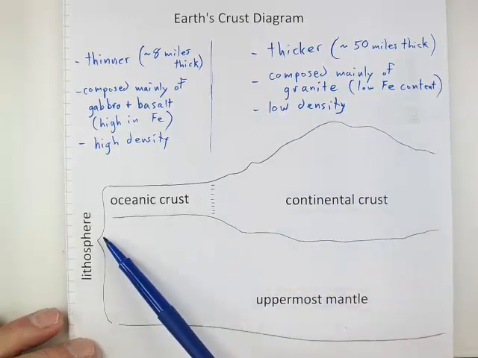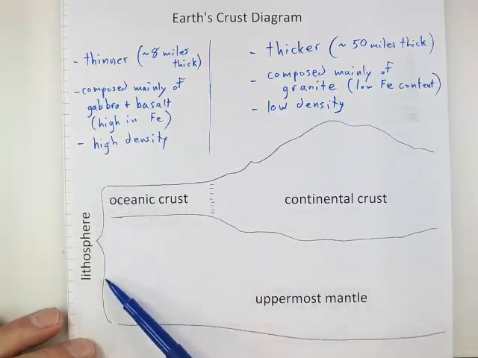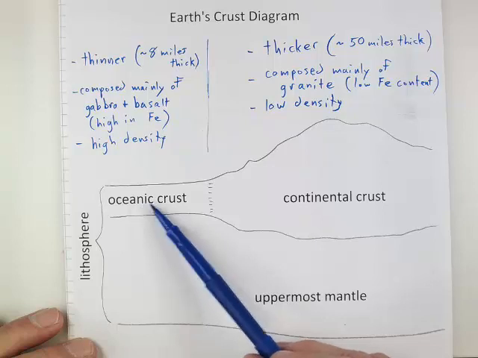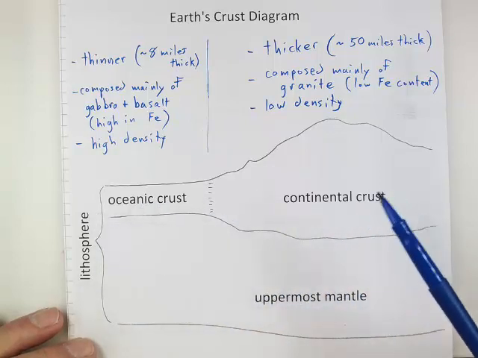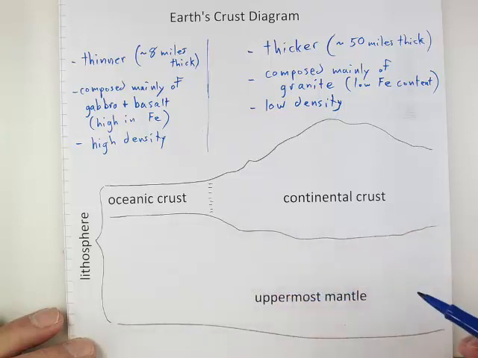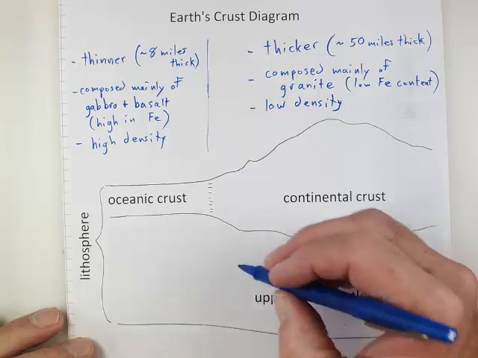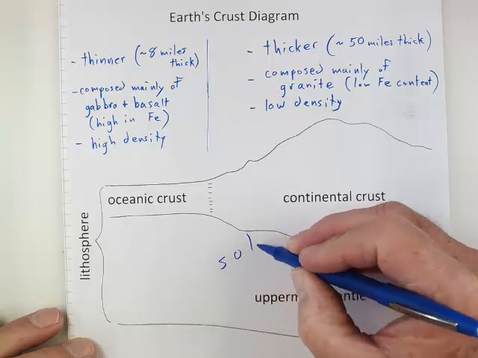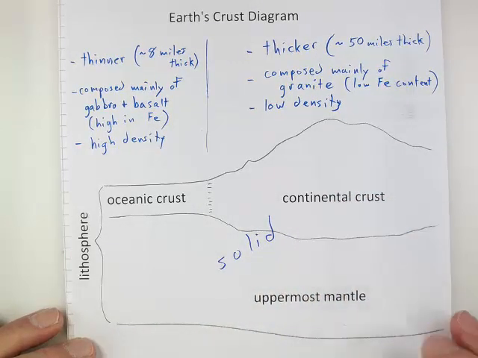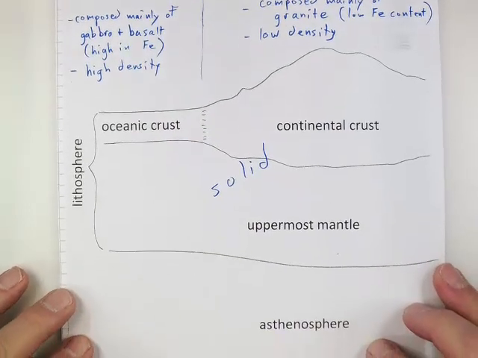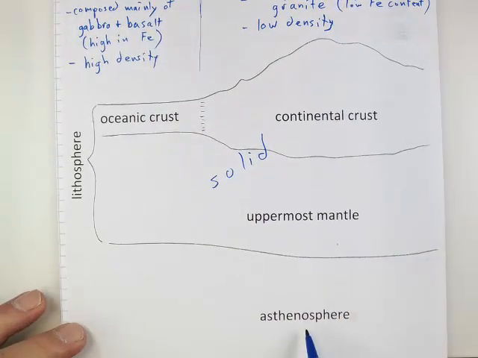Note that over here on the left-hand side, I have highlighted the fact that together the crust and the uppermost mantle form the lithosphere, and as we've discussed in the past with our Earth's interior diagram, this is all solid. Deeper underground, we have our asthenosphere.